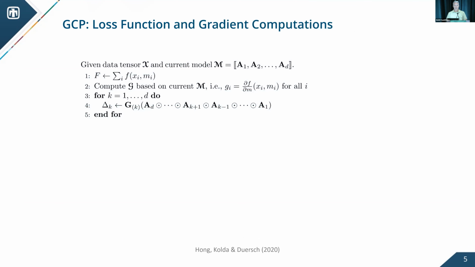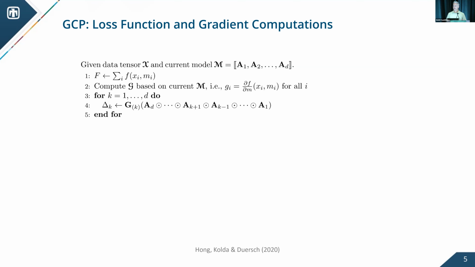So this loss function and gradient computation is pretty straightforward with respect to what Tammy had presented for computing the gradients for the CP opt calculation. The difference here is that instead of using a specific form, the least squares form, or the sum of squares form, we have this function f, and now we have to take the gradient with respect to that.